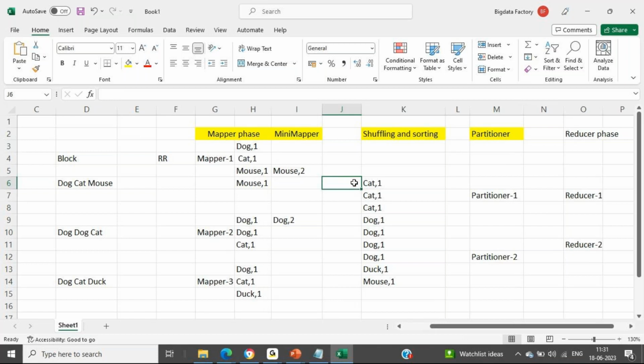But with the shuffling and sorting process, it will add all three mappers' dog one on one side, cat one on one side, and duck one on one side. After that, it will go to the partitioner, and cat will go to one reducer, and dog will go to another reducer, and then duck one and mouse one.